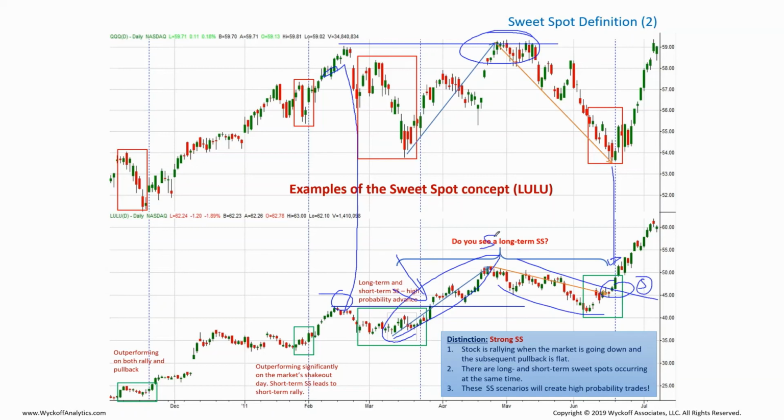There is strength on the rally itself, overcoming the structure, overcoming the resistance for the stock, and then the reaction comes to the level of the support, whereas for the market, we definitely see a much more meaningful reaction to the downside.